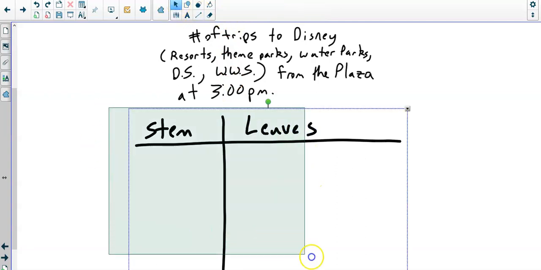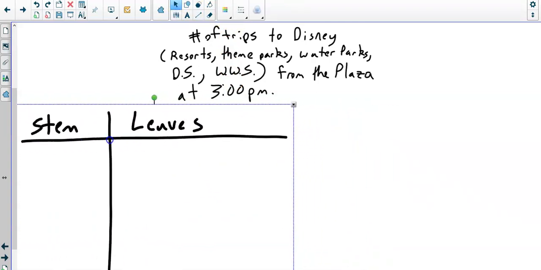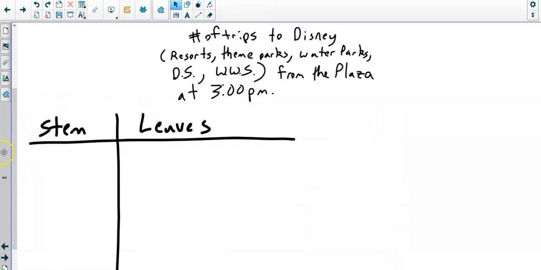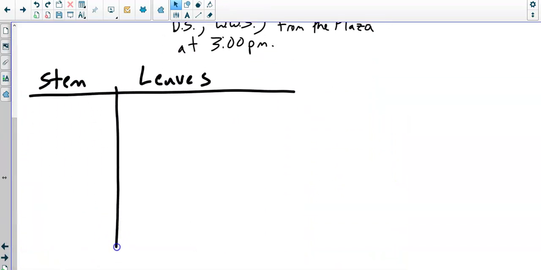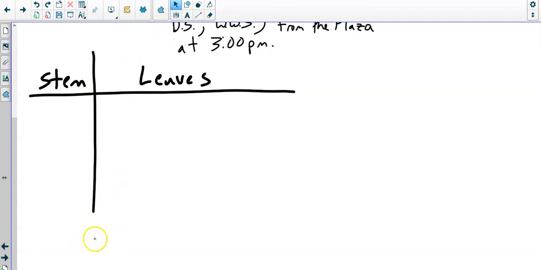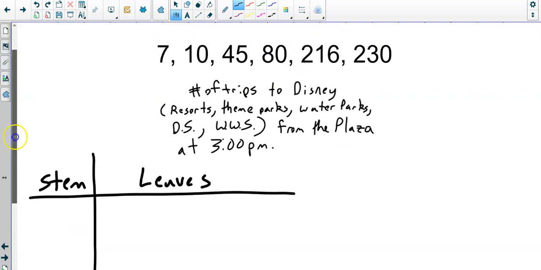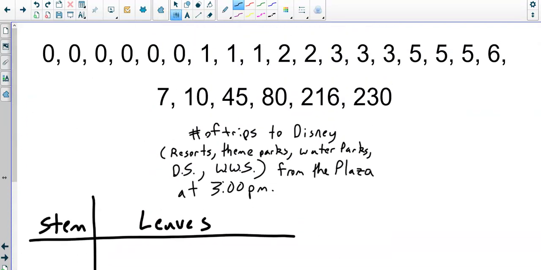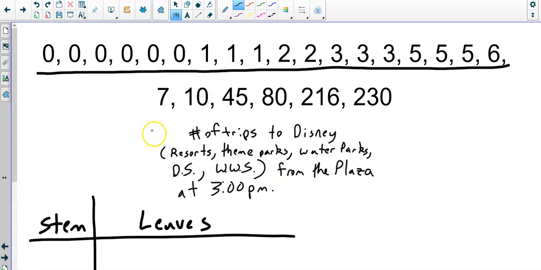So we need to go up and look at what our stems and leaves are. All right, so I'm going to extend that a little bit more. So all these numbers that are right here are what we just got done talking about a moment ago.